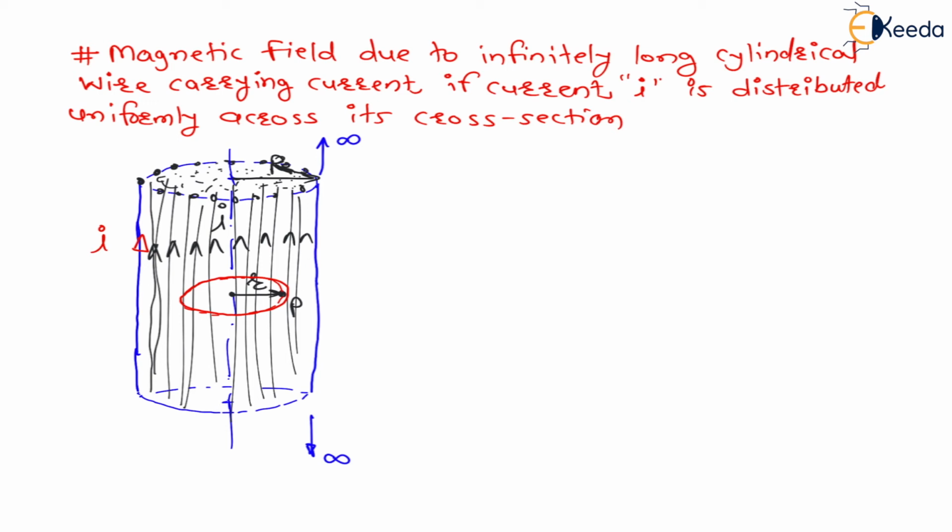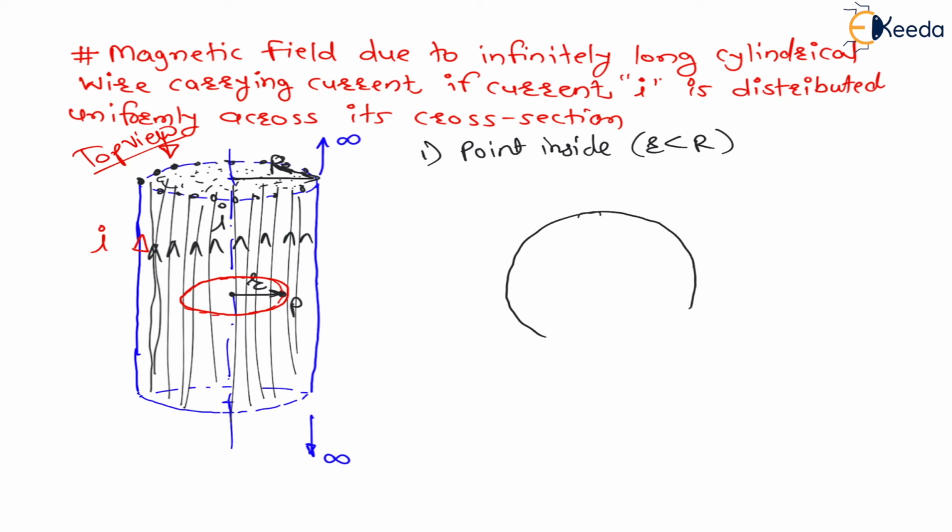So my dear students, if I check the top view, the first case is for a point inside the cylinder, means small r is less than capital R. For the top view we have to see from the top, right? Now the wire will look circular from the top view, and this is the center.